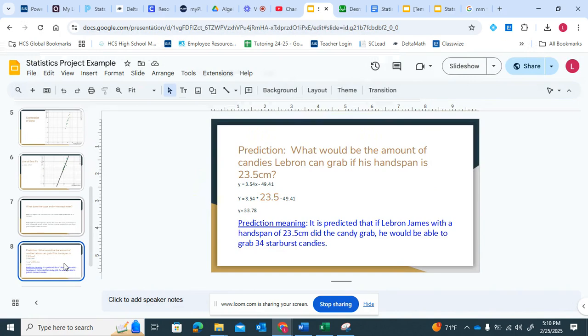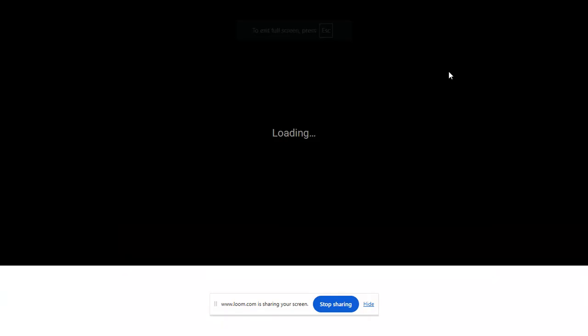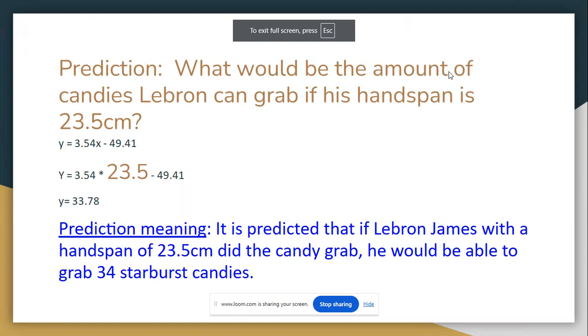And what I did for this one, again, my prediction is because X represented the hand span, I plugged in 23.5 into X to try to predict how many candies LeBron would be able to grab. And it makes sense here that it's a prediction because LeBron was not actually in my classroom.